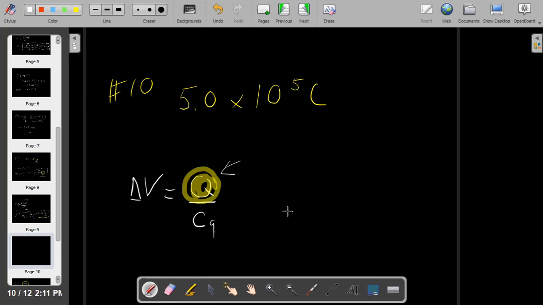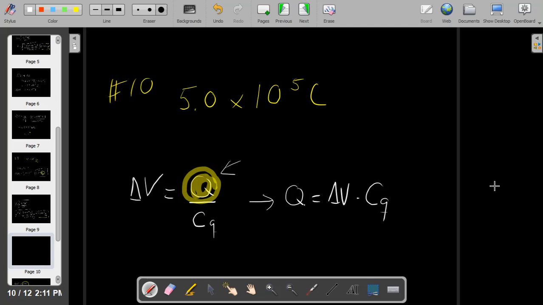So that means we need to modify our formula. Our charge is going to be the change in our electrical potential, if they give it to us, multiplying our capacitance.